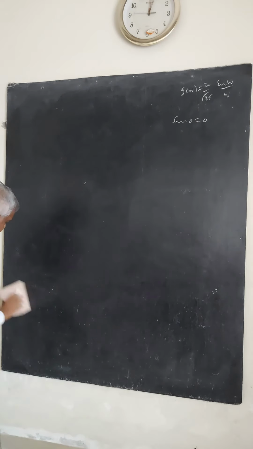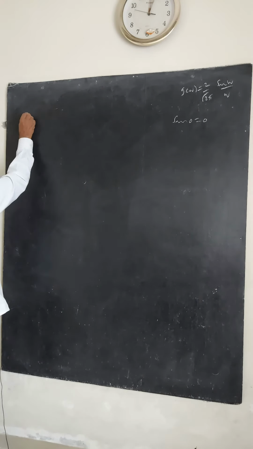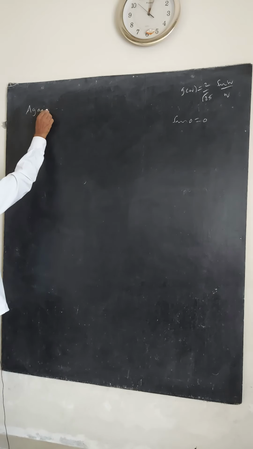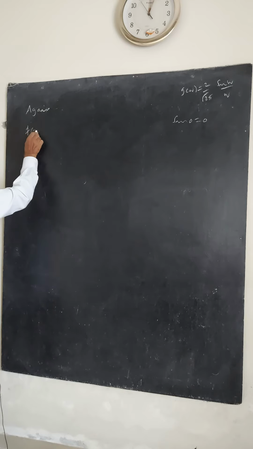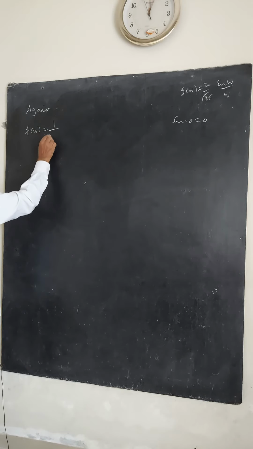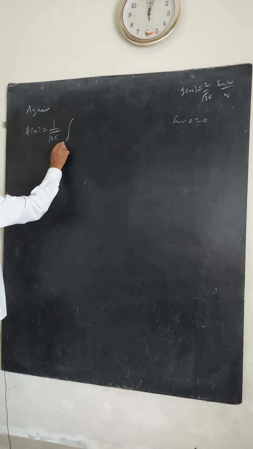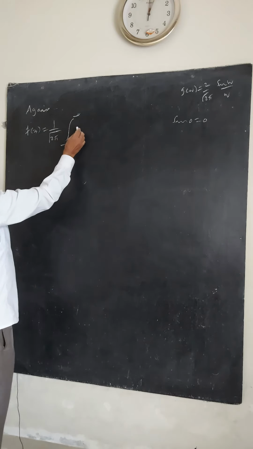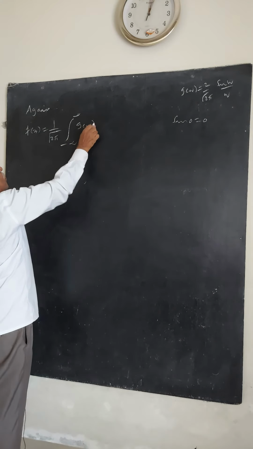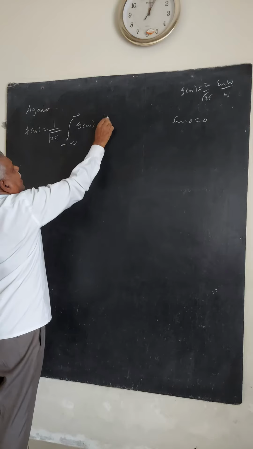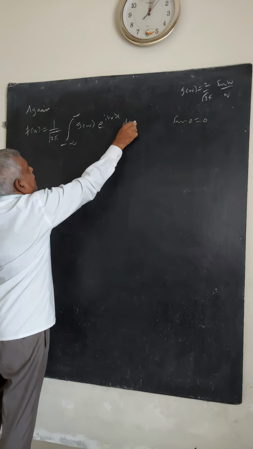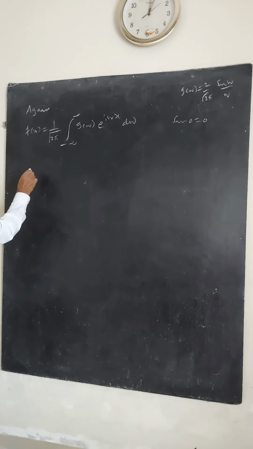Again, the first integral is what? F of x equal to 1 by root of 2 pi, minus infinity to plus infinity, g omega e power i omega x d omega.